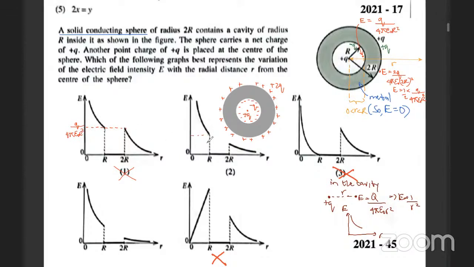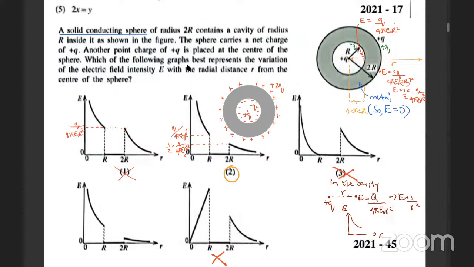I think this looks half, because from your eye level you can make that estimation, and here it is half into Q over 4 pi epsilon naught R squared. So I think the most appropriate answer for this question will be the second.